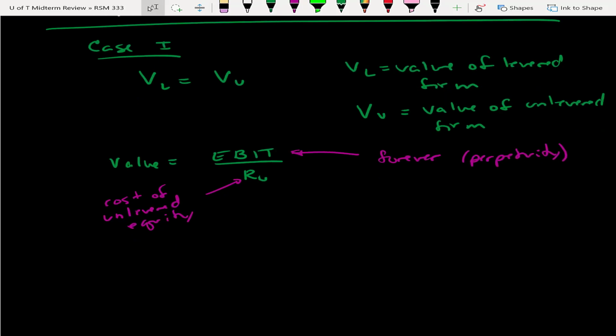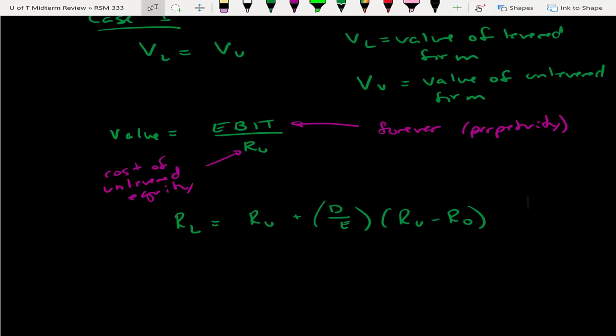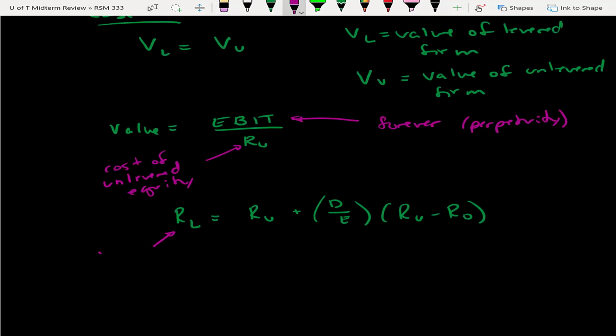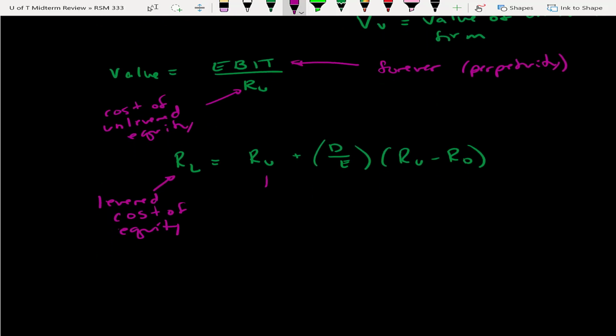The cost of equity, the levered cost of equity, is equal to the following. Debt over equity times RU minus RD. And so this is the levered cost of equity. So if you have any debt, that's your cost of equity.